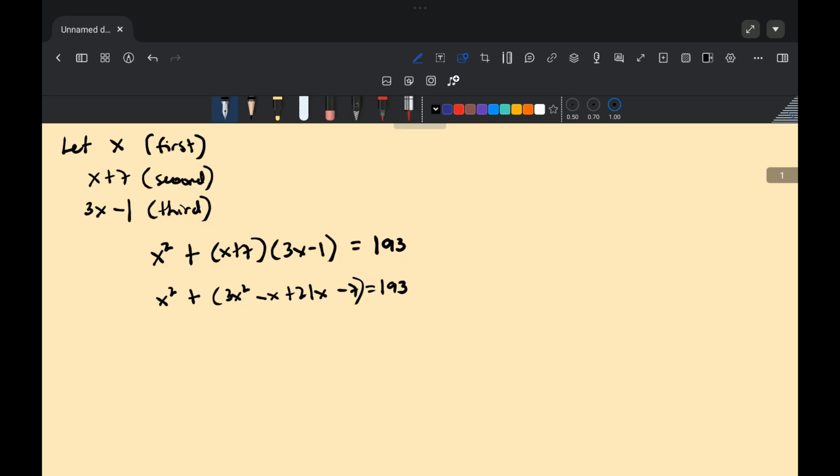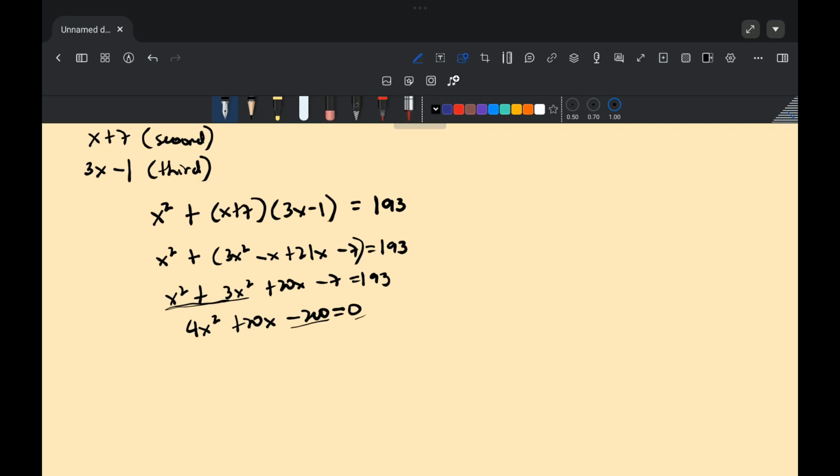Then simplifying it, we have x squared plus 3x squared plus 20x minus 7 is equal to 193. Then next we have 4x squared plus 20x minus 200 is equal to 0, because we subtracted 193 from both sides, so we have negative 200 and 0.